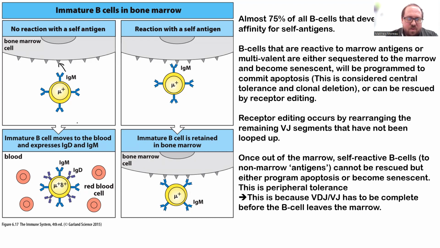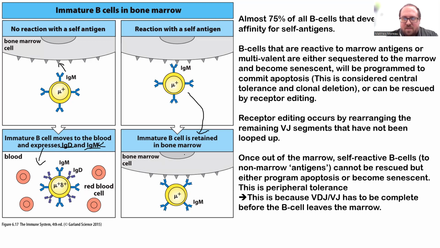So when there's no expression of self antigen or no reaction to self antigen, the immature B cell is then moved into the blood, expressing IgD or IgM, more often than not IgM, that is still membrane bound. If there's a reaction to self antigen, something really interesting happens, and that is that the B cell is then retained in the bone marrow.